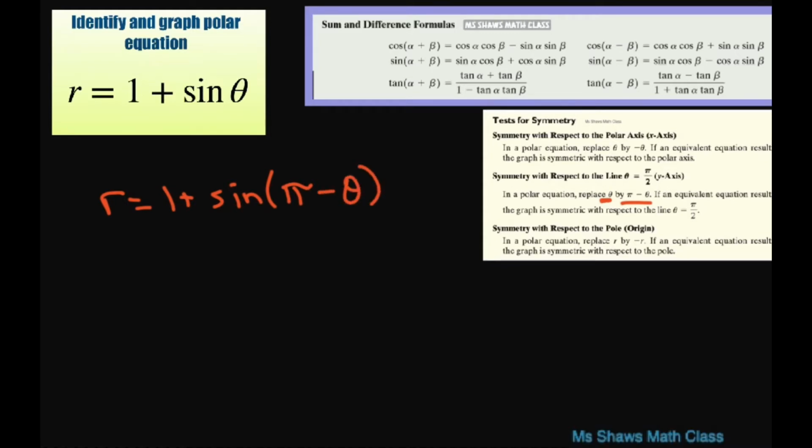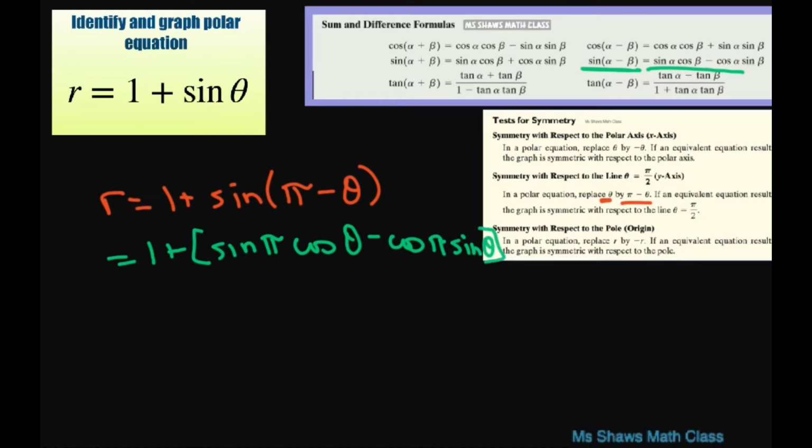Now this is your sum and difference formula. So this is going to equal 1 plus sine of pi cosine of theta minus cosine of pi sine of theta.